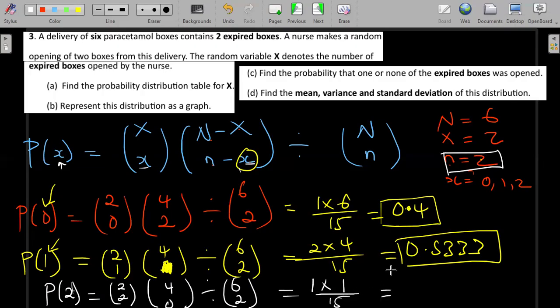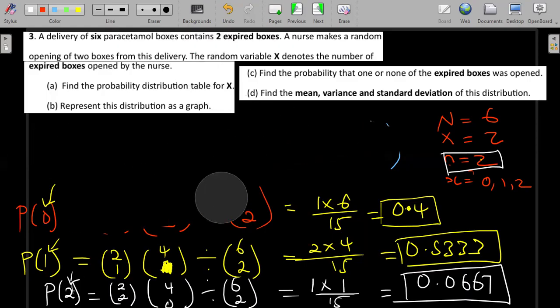So this is 1 over 15, which will give me 0.0667. So this is the probability of the random variable 2.